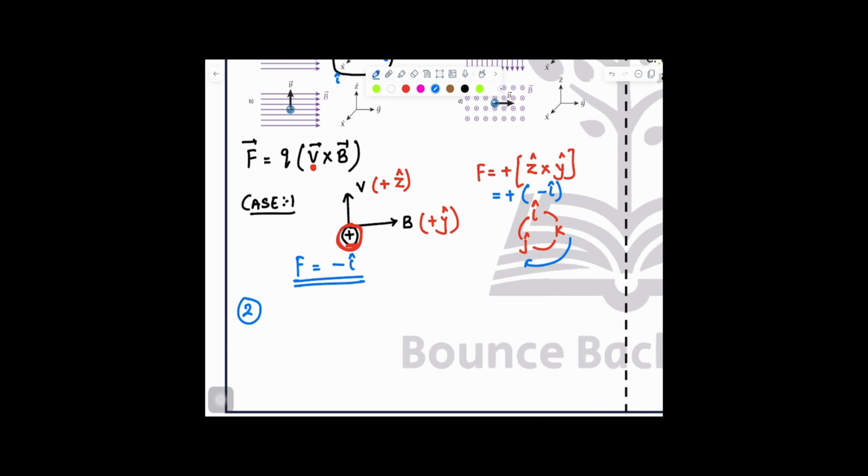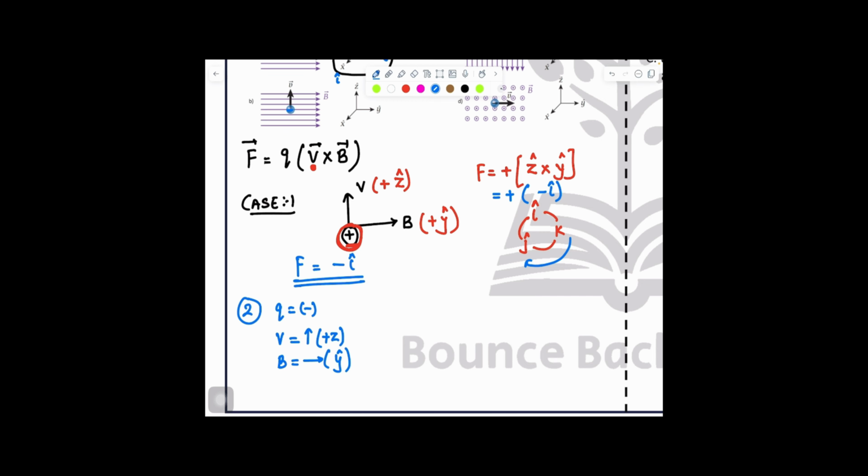First check the charge. Which type of charge? Negative. Q is negative. Velocity is going upwards. Upward means positive z. And now just check magnetic field B. Where is it going? It is going this side. And this is our y cap.